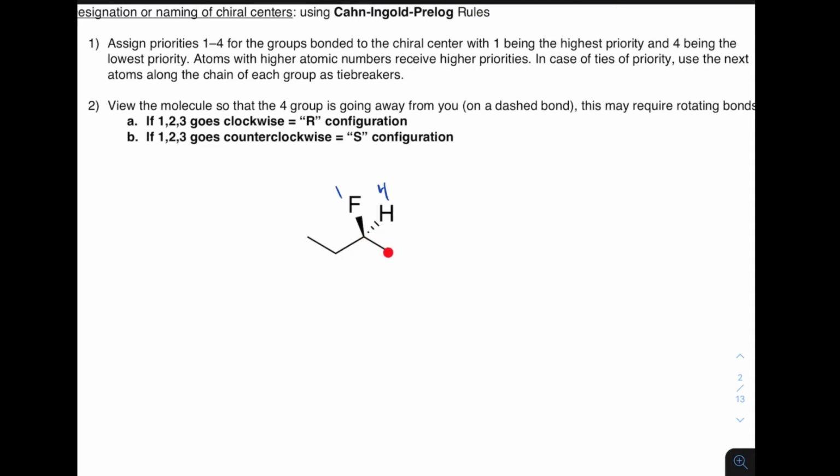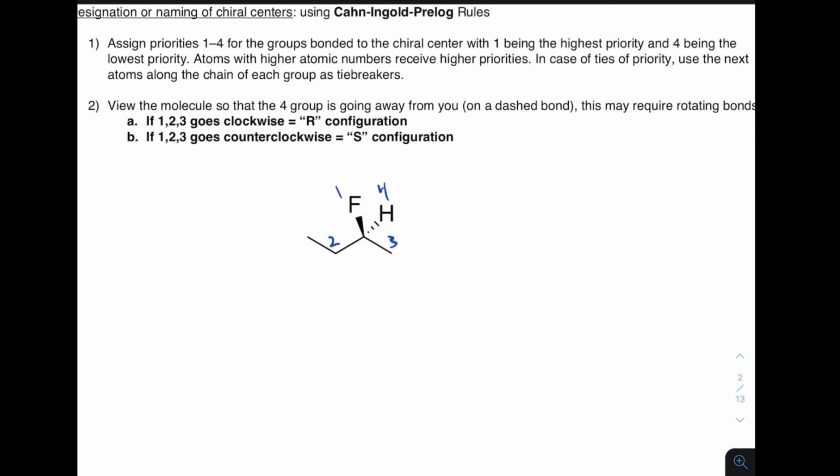We have a carbon attached to 3 hydrogens, and we have a carbon attached to 2 hydrogens and a carbon. So this is going to be our tiebreaker. Even though they're both carbons, this carbon is attached to 1 carbon and 2 hydrogens, and this carbon is attached to 3 hydrogens. Okay? So this is our number 2 priority group, and this is our number 3 priority group.